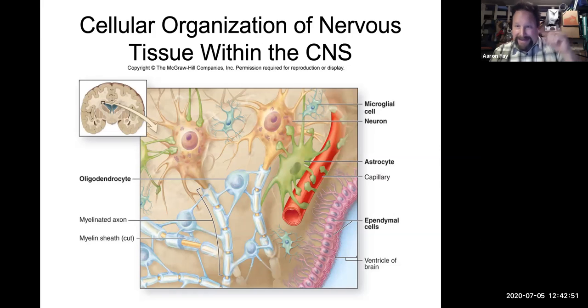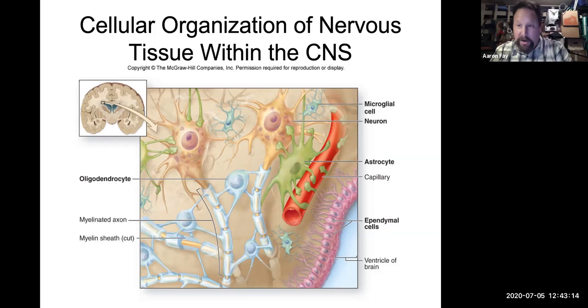Now, downsides. The way that your immune system tends to get to where it needs to be, it will use blood vessels as a highway, as a transportation mechanism, right? Because these blood vessels do not leak, it's really hard for our immune cells to pass through these blood vessels.